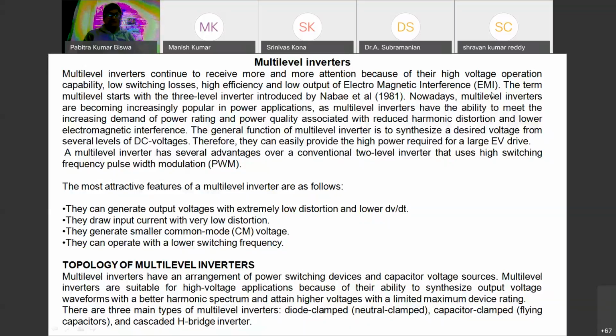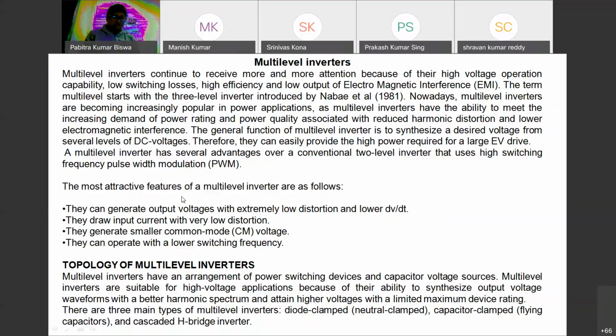Nowadays, multi-level inverters have become increasingly popular in power applications as they have the ability to meet the increasing demand for power, and they have several advantages over the two-level inverter.